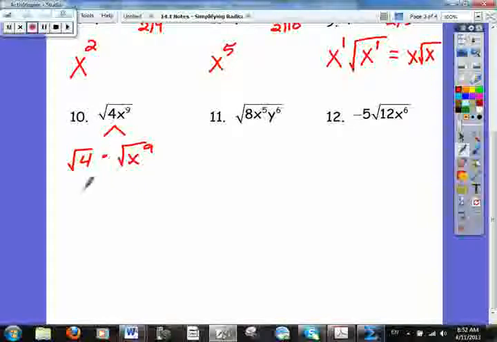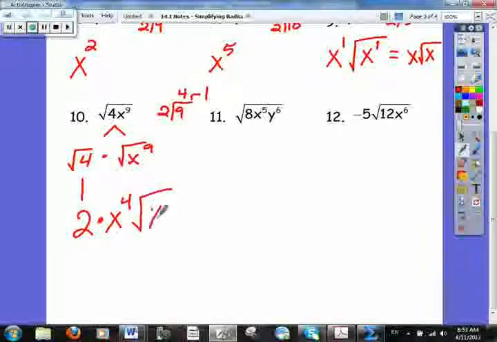The square root of 4 is just 2. Now what's the square root of x to the 9th? 9 divided by 2 is 4, so x to the 4th is going to come out. Remainder of 1. X to the 1st is going to stay inside. So my answer is 2x to the 4th times the square root of x.